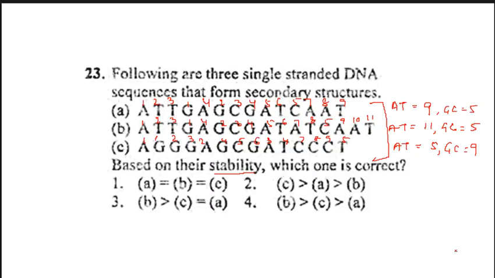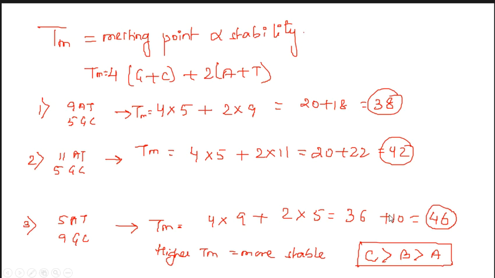The option given to us is CAB, which is the correct option shown by CSIR. If you have any input, please write it in the comment box. According to me, C will be greater than B, greater than A. If you have any inputs on this, please write them in the comment box.